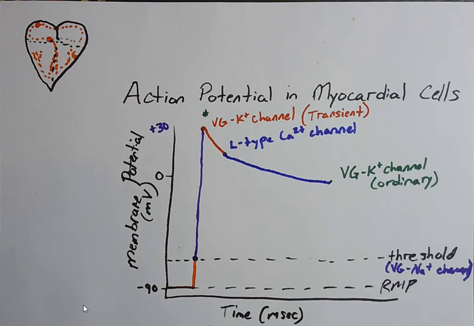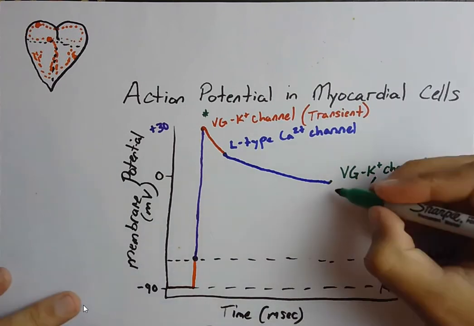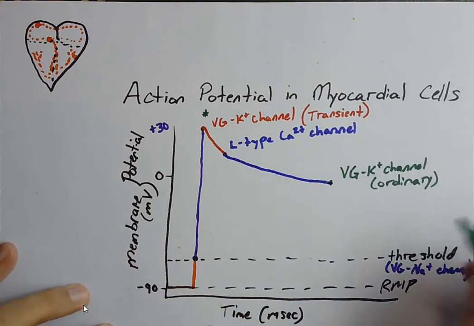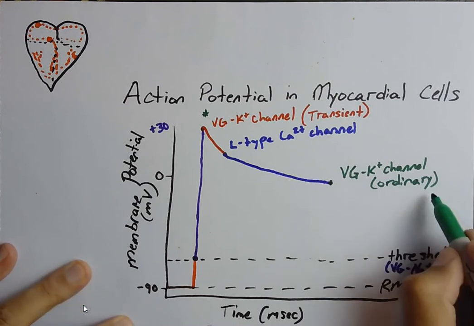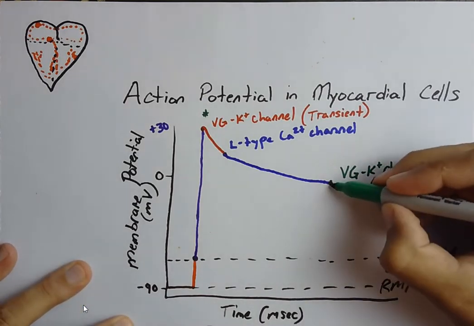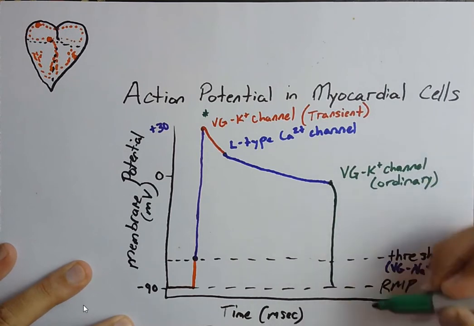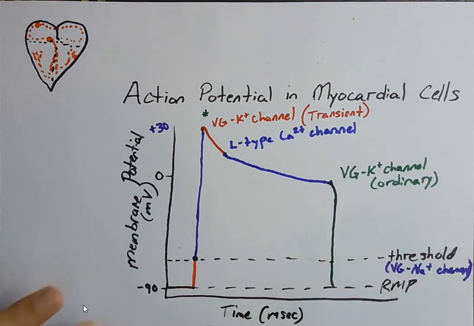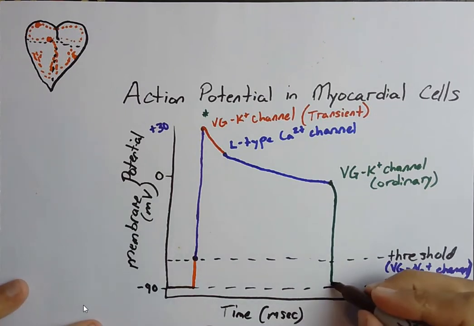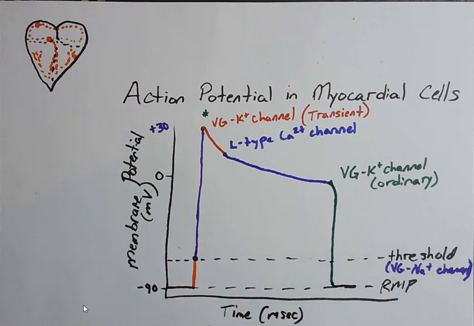But eventually that L-type calcium channel is going to close, and when it does, the voltage-gated potassium channel, the ordinary one, takes completely over, and that's going to end up causing this thing to go shooting back down as it repolarizes until it reaches the resting membrane potential, and all of those channels are now closed.